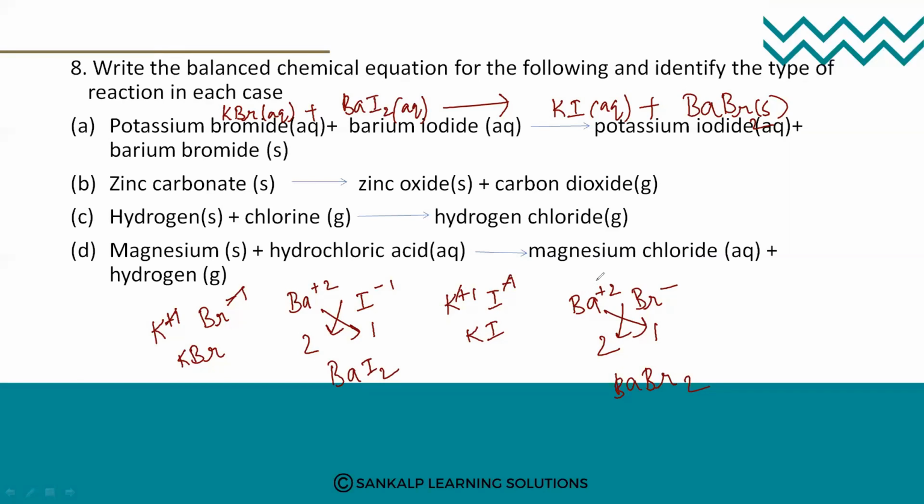Double displacement. Yes, it is a double displacement reaction. So what is getting displaced here? Your potassium is getting displaced, your Br is getting displaced. Ba goes with Br, and K is with I. So double displacement, right? Double displacement reaction. So we'll go for the next one.